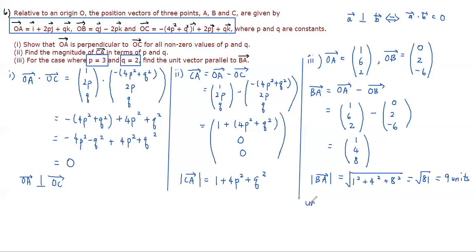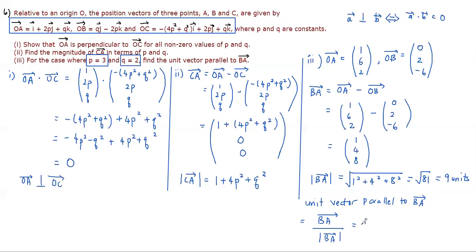A unit vector that is parallel to vector BA would be the unit vector of vector BA itself. So you have vector BA divided by its own magnitude.